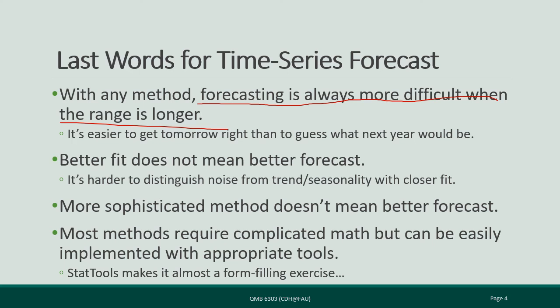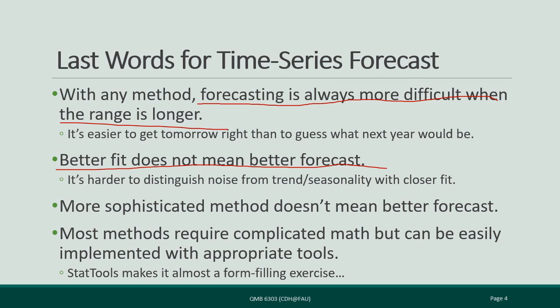The curve that comes out of a forecasting model probably has much stronger predictive power for the next period, or for the next 2 or 3 periods, than, say, for 100 periods ahead. So that's something you always want to keep in mind. A better fit does not mean a better forecast.